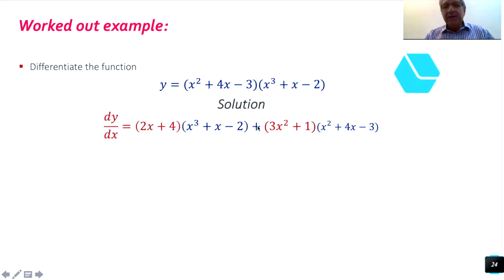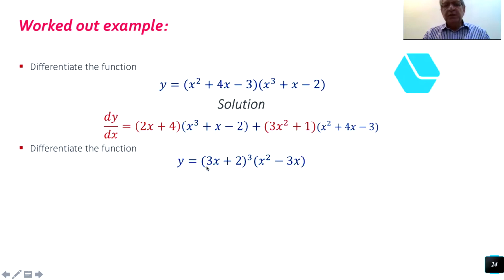And then plus, differentiate the second one, 3x squared plus 1; the derivative of this is 1, and then multiply by this one itself. So this is the derivative of this function. We don't need to simplify this unless they have mentioned it in the question. They are saying differentiate this, and we have differentiated this. Enough. Now let's go for the next function.